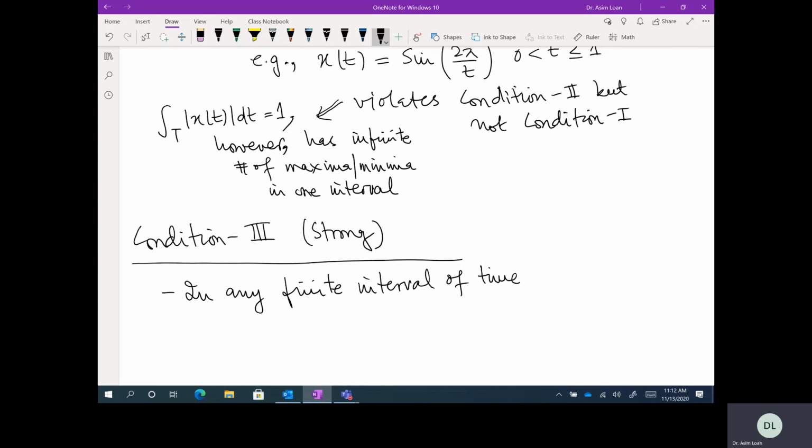Condition 3 says in any finite interval of time, there are only a finite number of discontinuities.